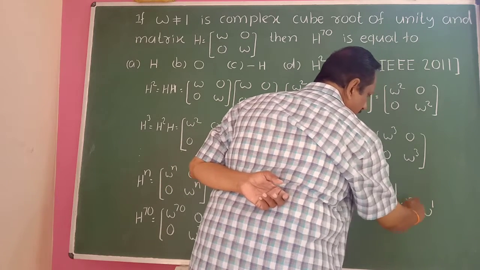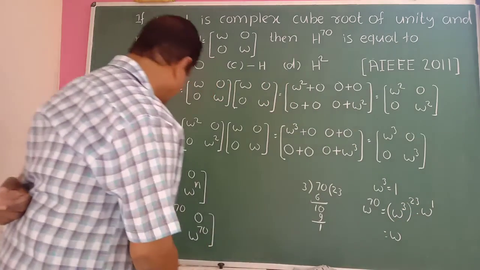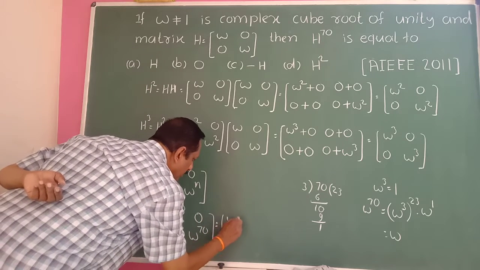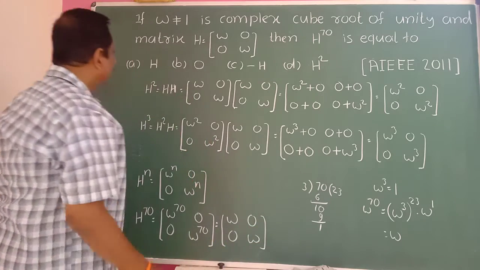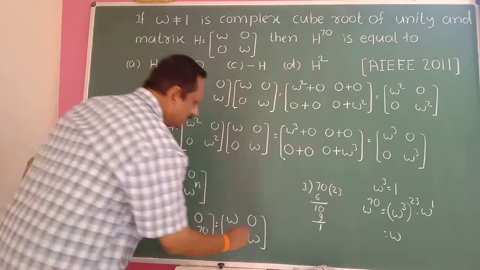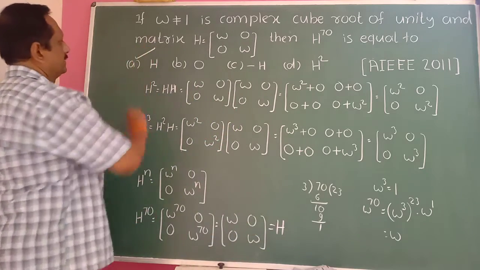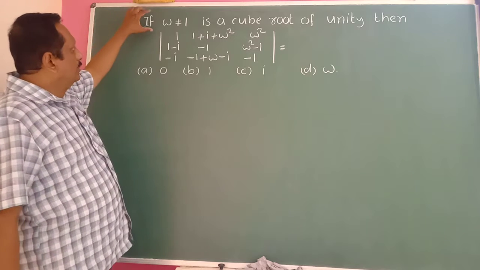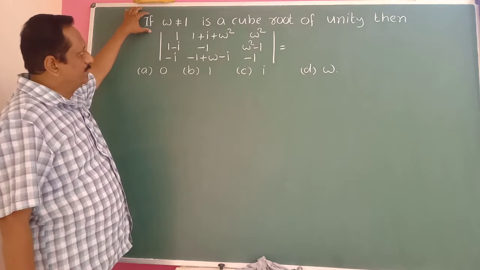Obviously this becomes 1 here, 1 into omega becomes omega. So omega raised to 70 becomes omega. Omega 0 0 omega, then obviously this is H only. So therefore this is equal to H. So first option is correct. H is the answer.